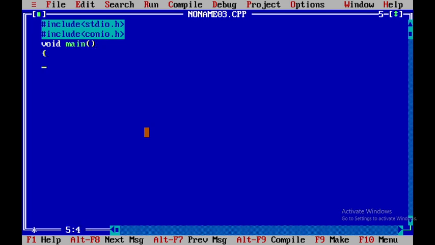Now suppose we declare an integer variable. We use the keyword int, and suppose x is a variable and we assign here 42.